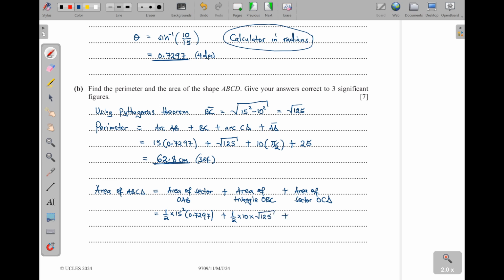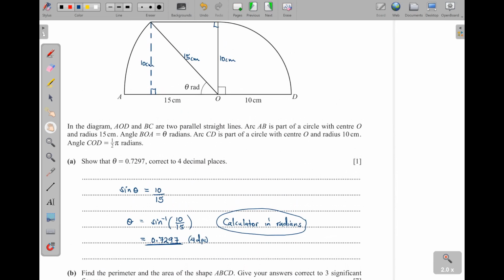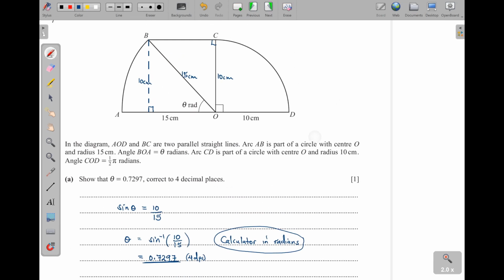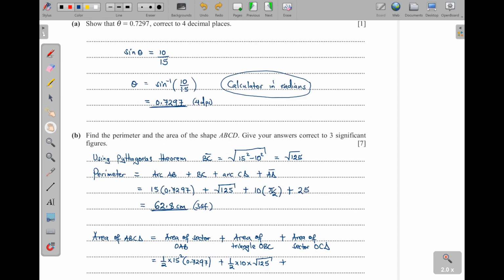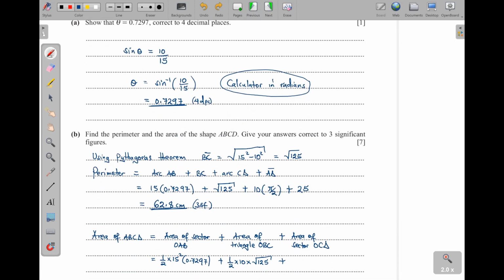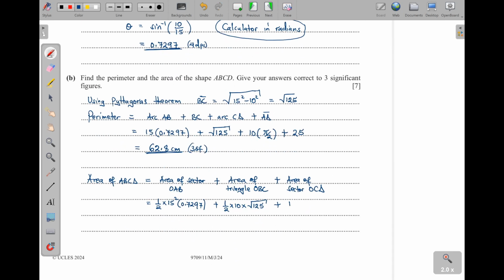Then plus area of the sector, OCD. Of course, that one is a quadrant, a quarter. This one we can just say a quarter area of a circle. But if I take a half r squared theta, okay, a half, then r, what is the radius?